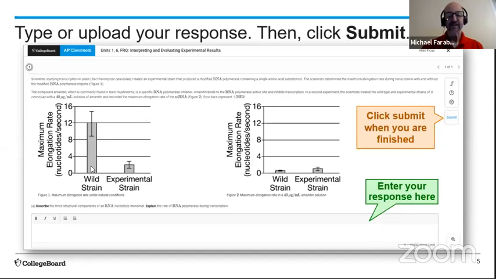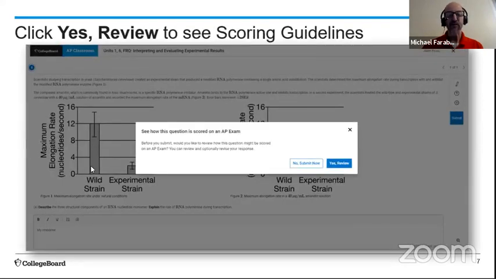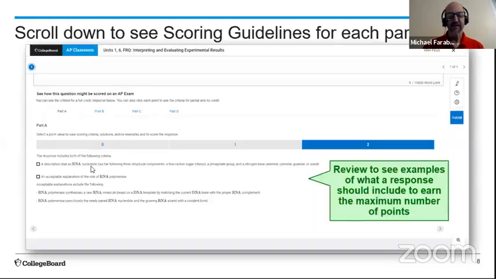And here's an interesting thing you can do for these optional AP practice questions. You can click submit, and a screen will come up saying, do you want to submit now, or would you like to review how this question might be scored on the AP exam? So you can click yes, review, to see the scoring guidelines.